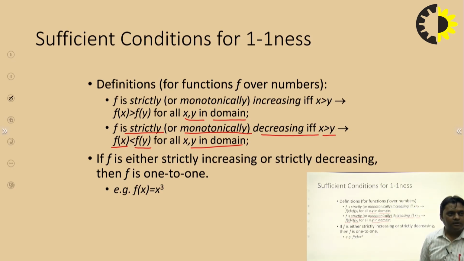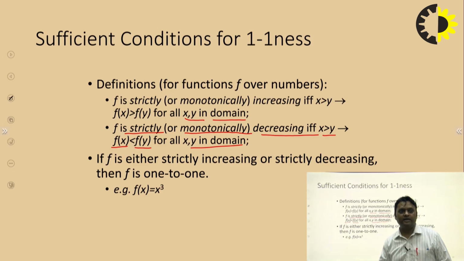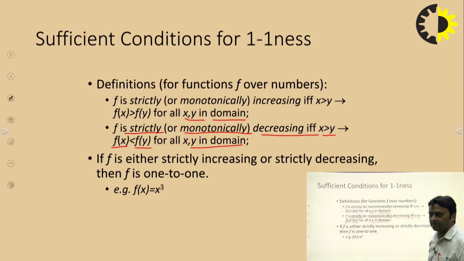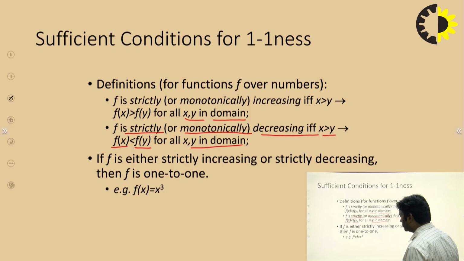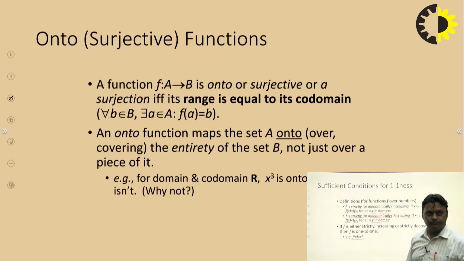And if f is either strictly increasing or strictly decreasing, then f is one to one. For example, f(x) equal to x cube.